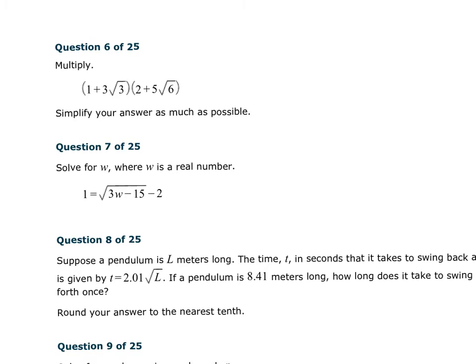For this one, you're going to be multiplying and using your FOIL method. Okay, so you do your first, which is 1 times 2, which is 2. You do your inner, your first, your outside.